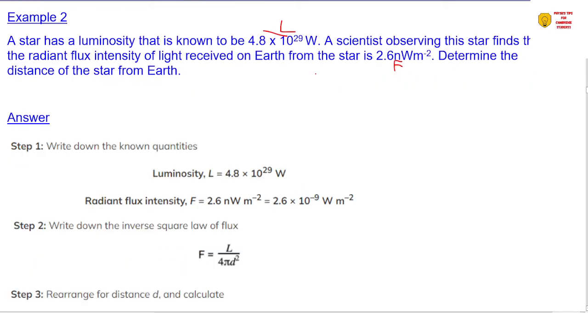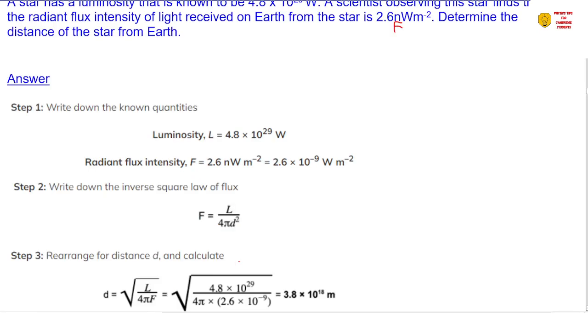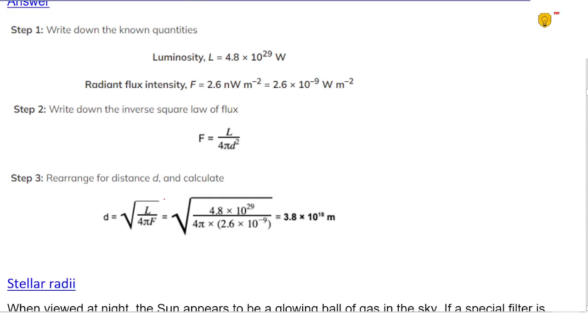So you use the formula F is equal to L over 4 pi d squared to find D. To find D, you make it the subject of the formula, which comes to be D squared is equal to L over 4 pi F. Then find the square root. If you find the square root of that, you're going to get a distance of 3.8 times 10 to the power of 18 meters.